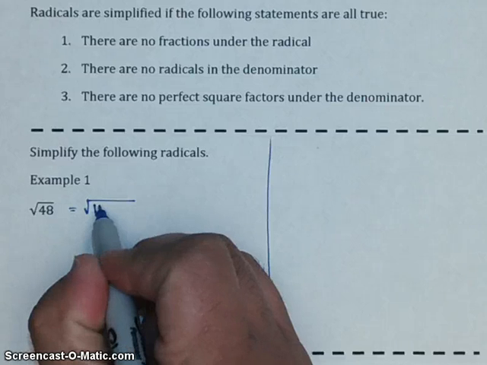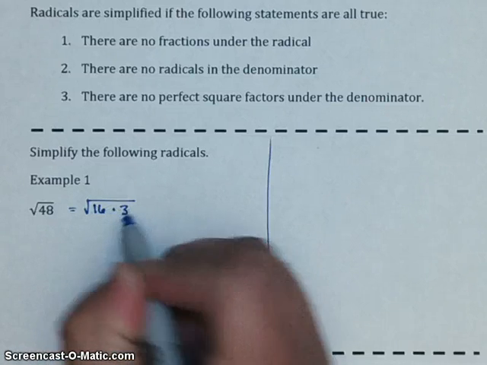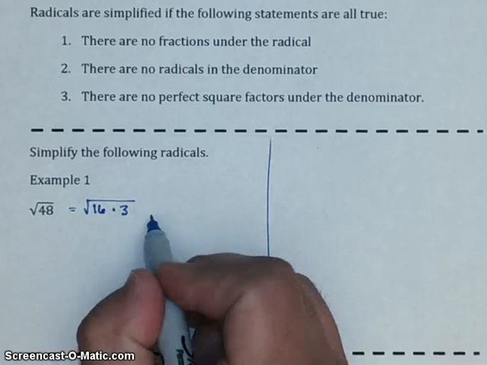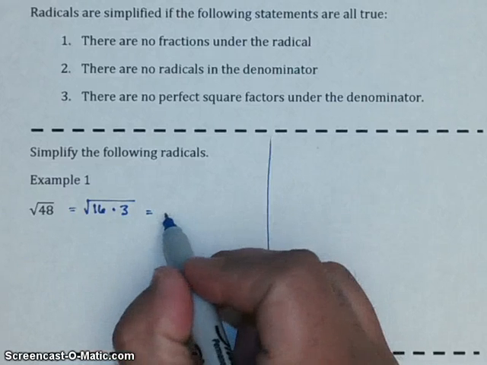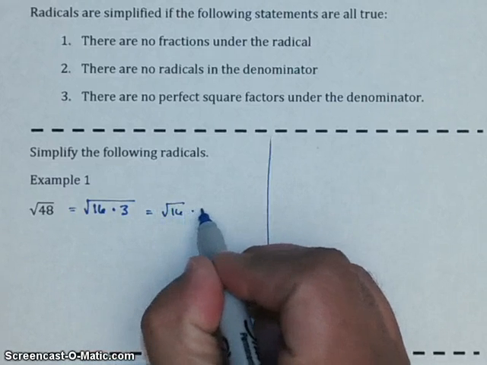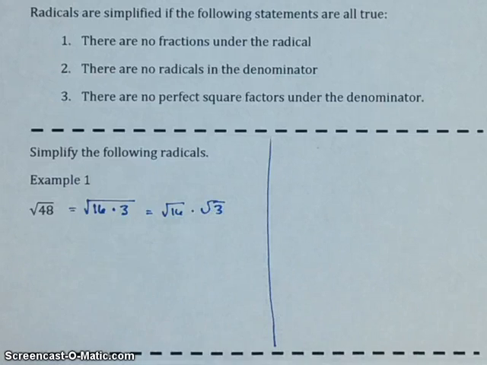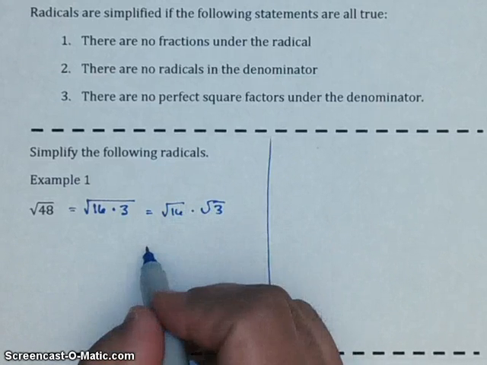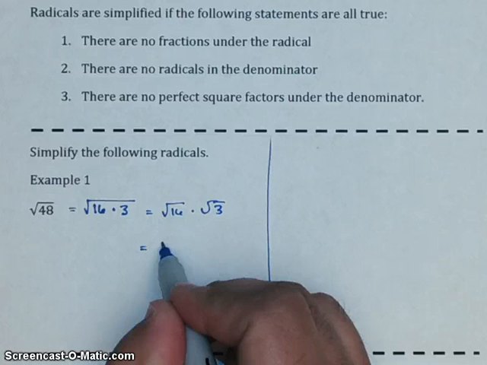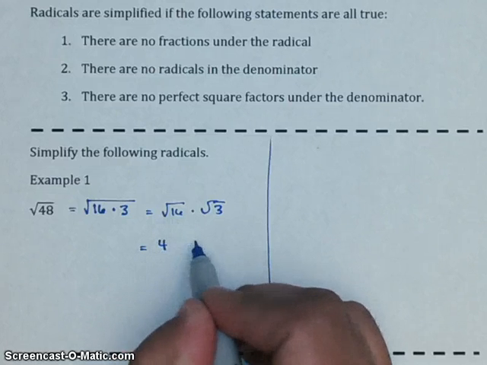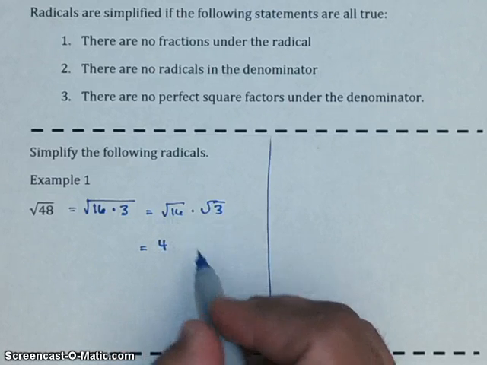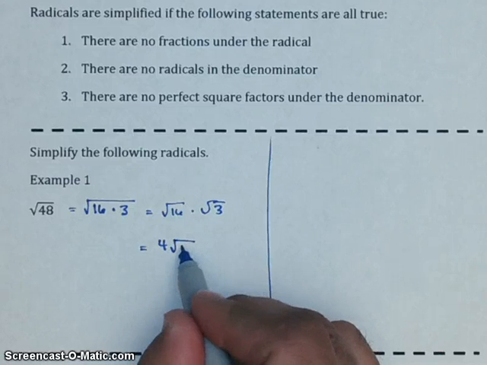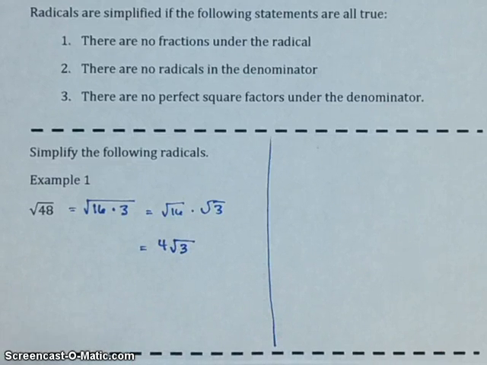I'm going to factor it into 16 times 3. Then I can break this apart into the square root of 16 times the square root of 3. 16 is a perfect square, so the square root of 16 is 4. And this 3 is prime, so that stays in the radical, so that would be 4 square roots of 3.